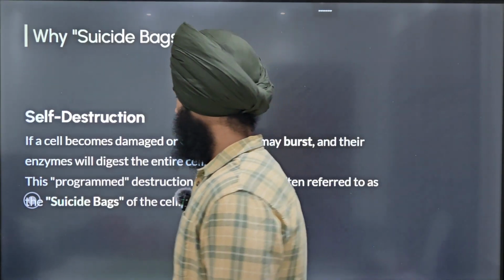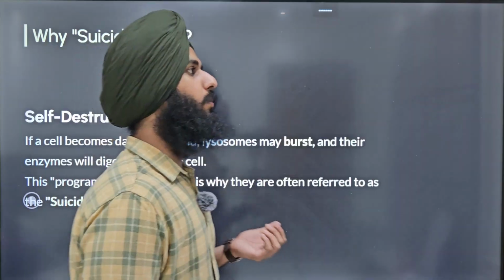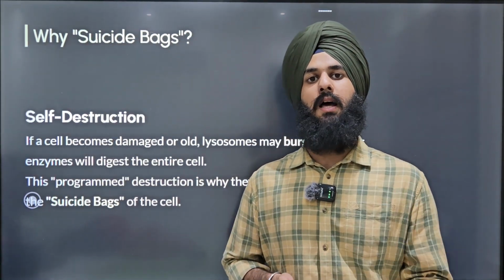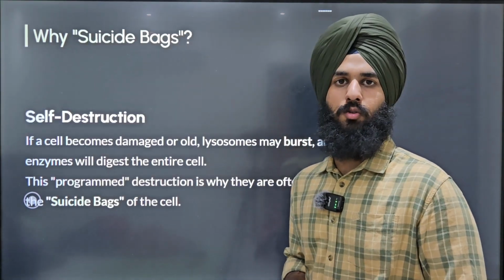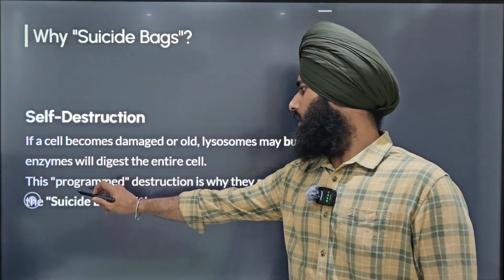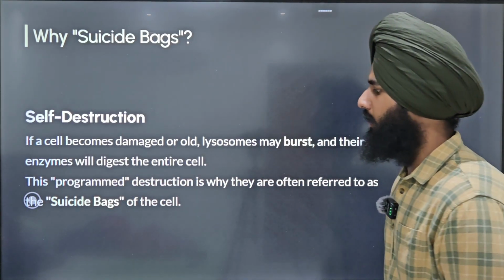This programmed destruction is pre-planned, so it protects the body. In a multicellular organism, damaged cells will get digested instead of causing further damage or disease to the next cells. This programmed destruction is why they are often referred to as suicide bags of the cell.